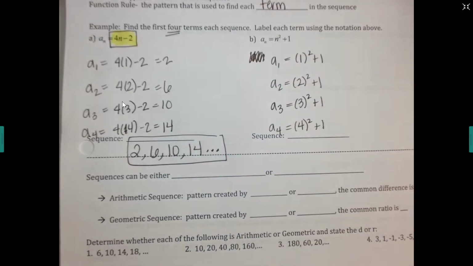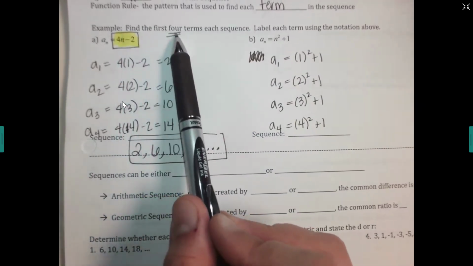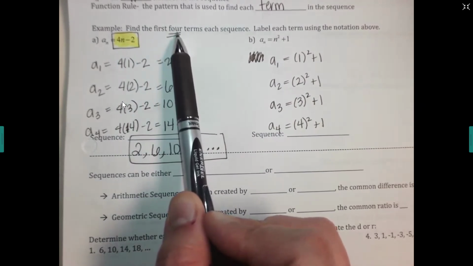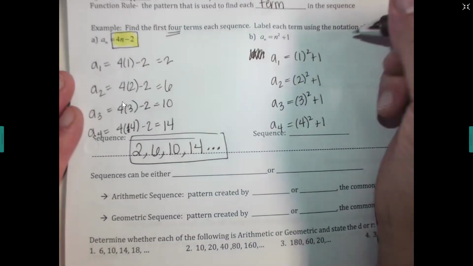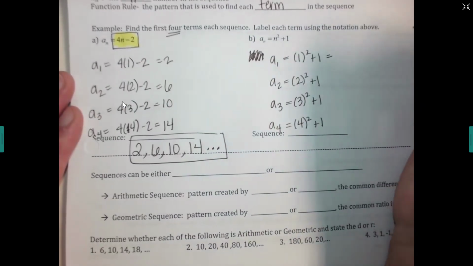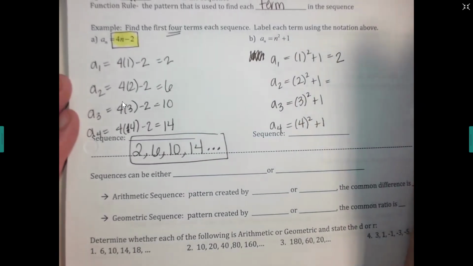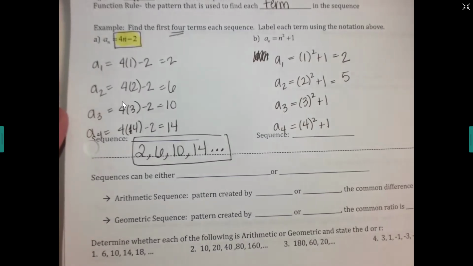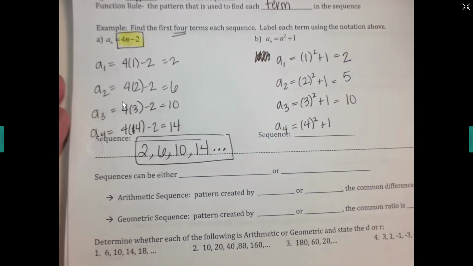Because this question says to find the first 4 terms, that's how come I'm only finding the first 4. But if it said to find the first 3, you would only plug in 1, 2, 3. 1 squared plus 1 is 2. 2 squared is 4, 4 plus 1 is 5. 3 squared plus 1 would be 9 plus 1, which is 10.